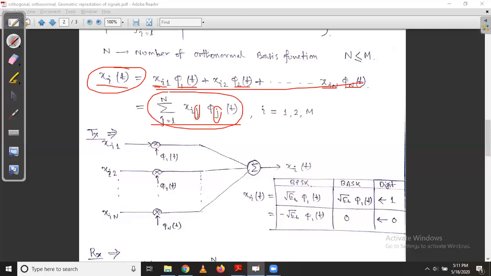Now use a diagram to represent this expression. That is nothing but the transmitter section. This is the generalized transmitter section for all digital modulation techniques like ASK, FSK, QPSK, M-ary QAM, M-ary PSK, for all.